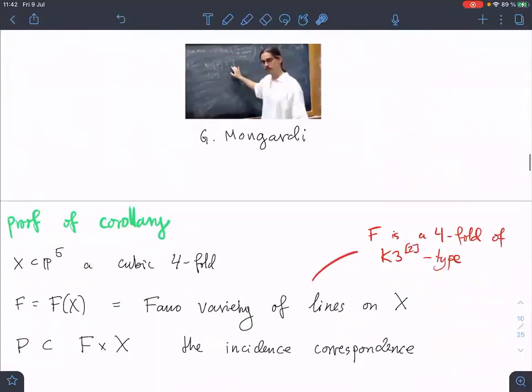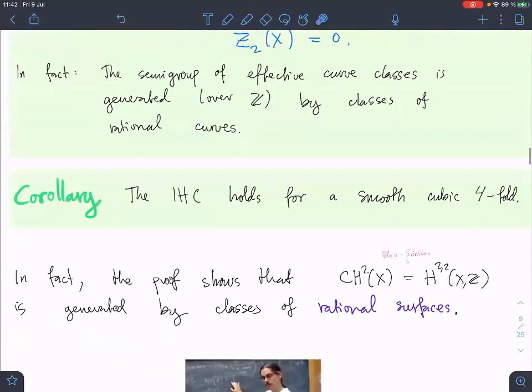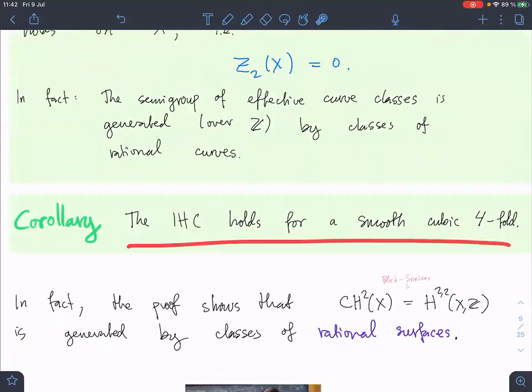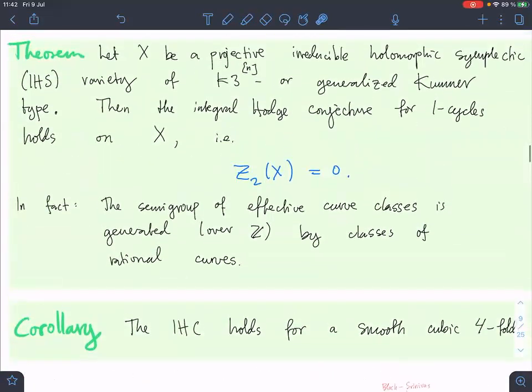Okay, let me prove the corollary. So we're going to deduce that the integral Hodge conjecture holds for a cubic fourfold, provided that we know that the integral Hodge conjecture holds for one-cycles on any irreducible holomorphic symplectic variety of K3^[n] type.